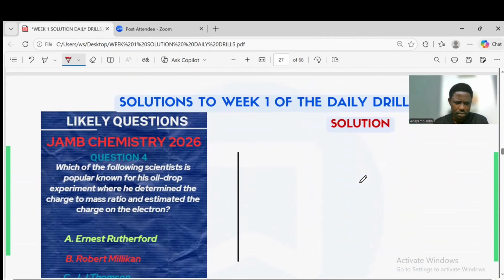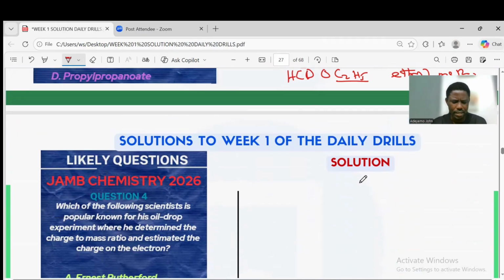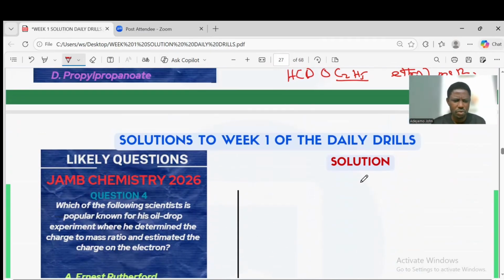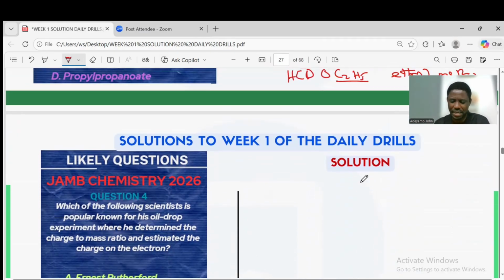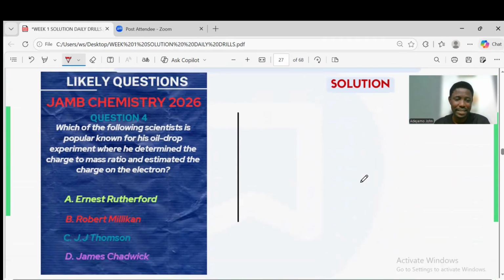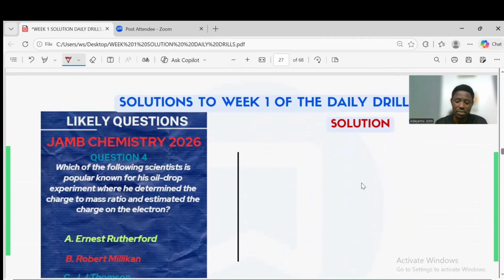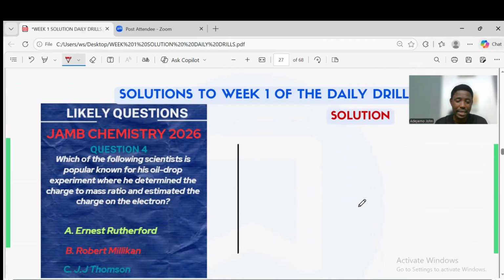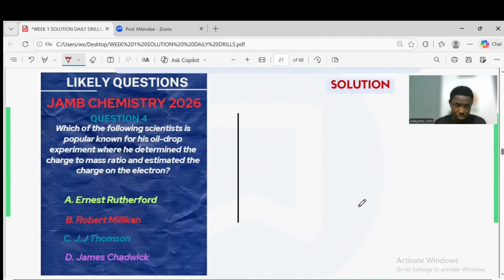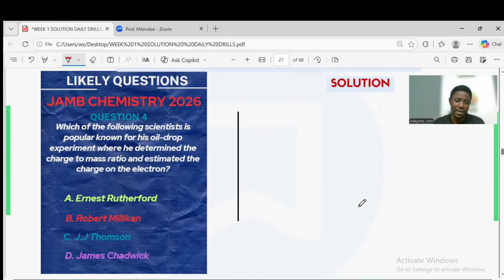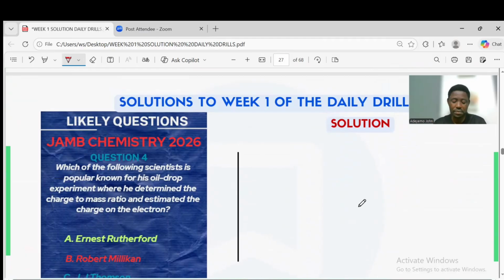So which of the following scientists is popularly known for his oil drop experiment? That is Millikan. He actually used the charge to mass ratio to determine the charge on the electron. Someone else, I think Rutherford, determined the charge to mass ratio.